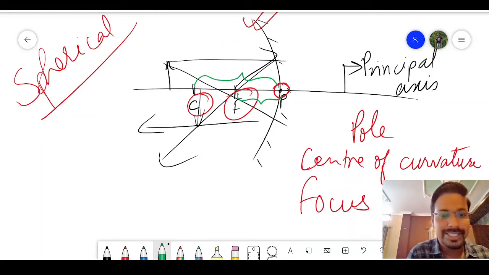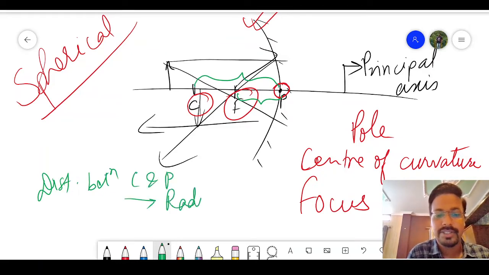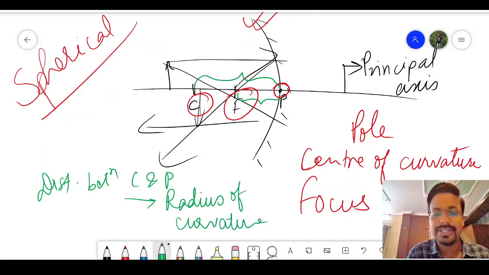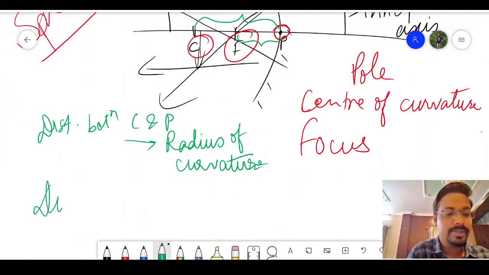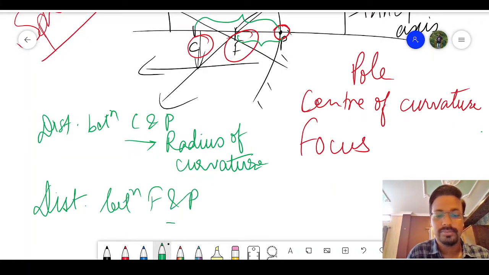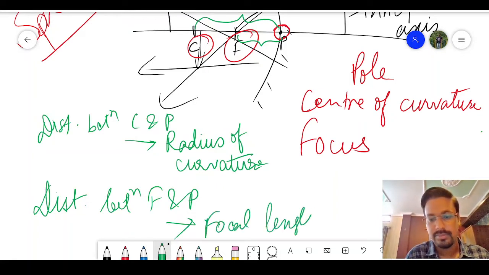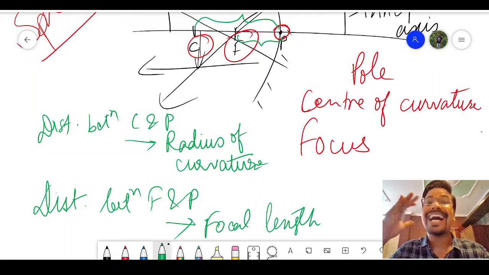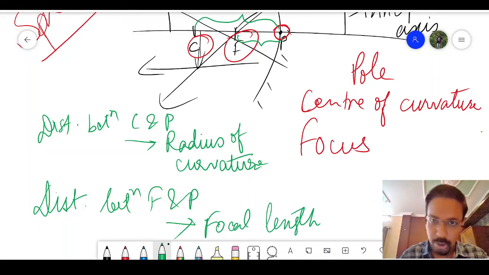So the distance between center and pole is called the radius of curvature, or basically you can say it is the radius of the mirror. And the distance between focus and pole is called the focal length. Focal length is half of the radius of curvature. I hope this part is clear now.